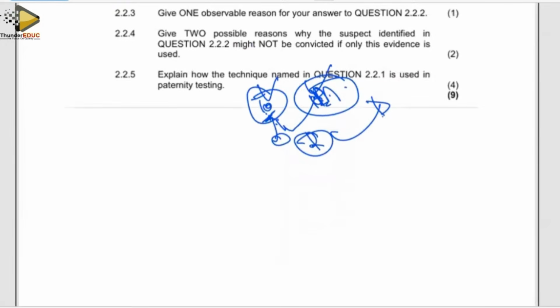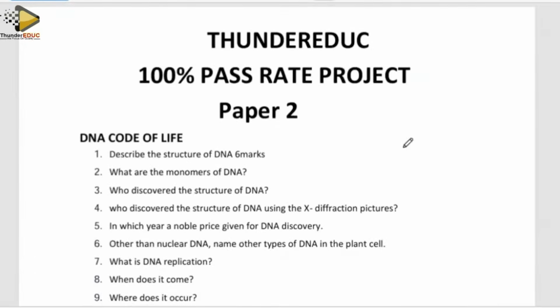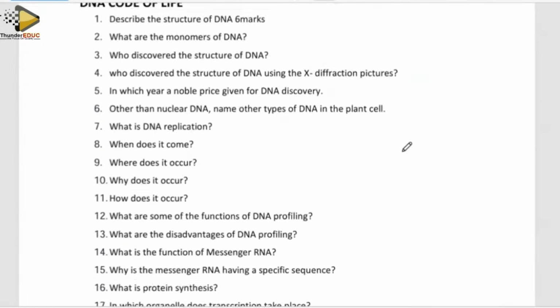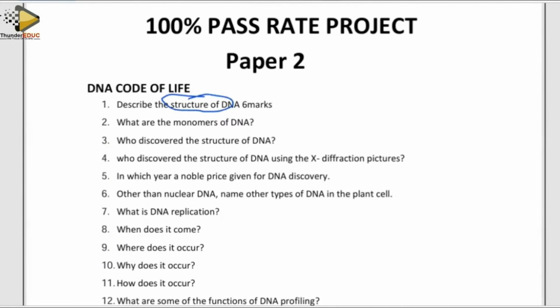So now from here we're going to go to what we call our catch-ups, and we see some of the questions in the catch-ups. If we go to our catch-up, we see the question: describe the structure of DNA. In this case, you have to describe how DNA is structured.